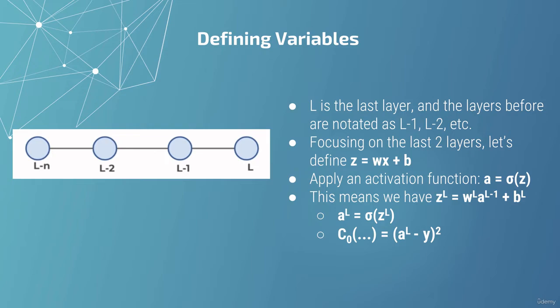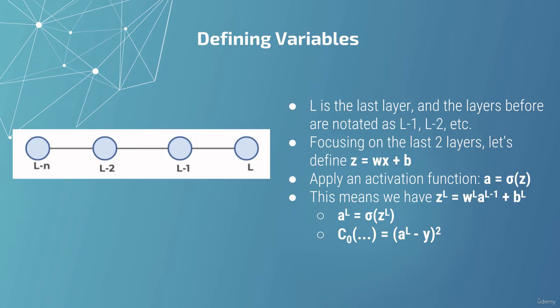Focusing on the last two layers, let's define Z equals Wx plus B. When we apply an activation function, A equals sigmoid of Z, this means we have Z^L, so the Z in the last layer equals W^L, the weight of the last layer, times A^(L-1), the activation of the previous layer, plus B^L, the biases of the last layer.